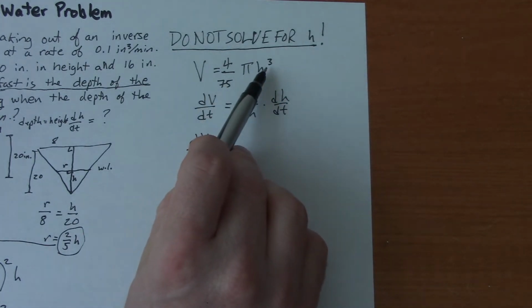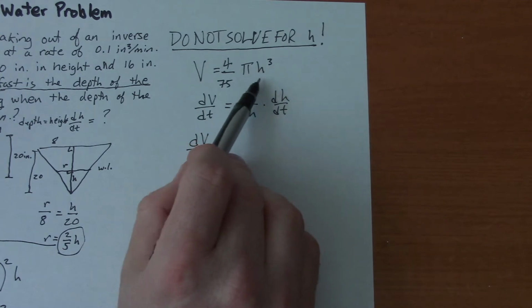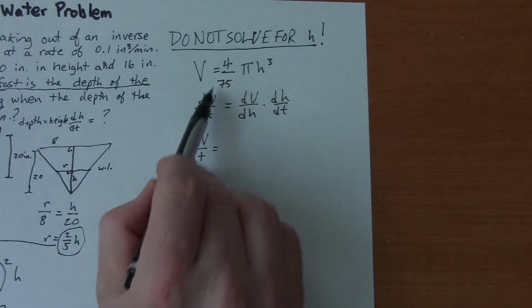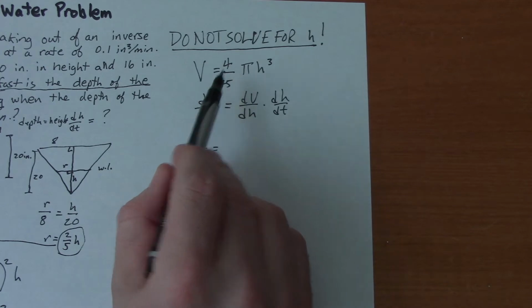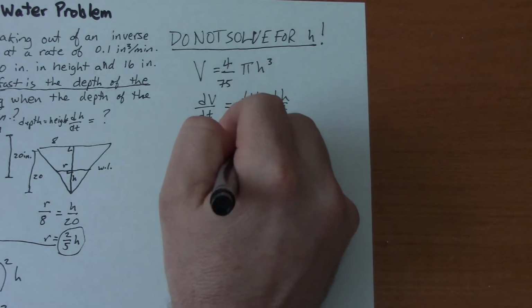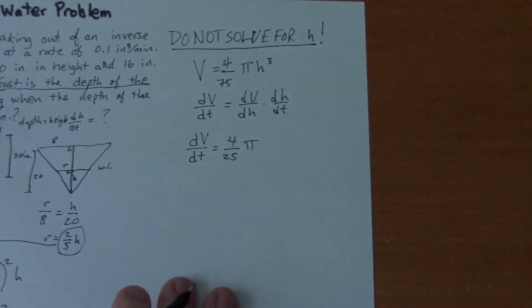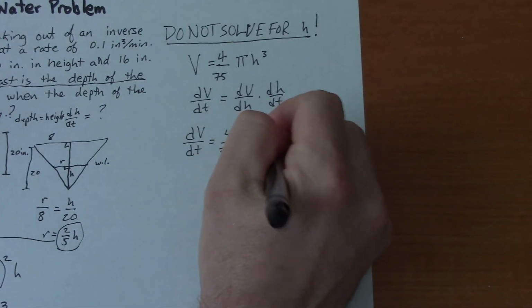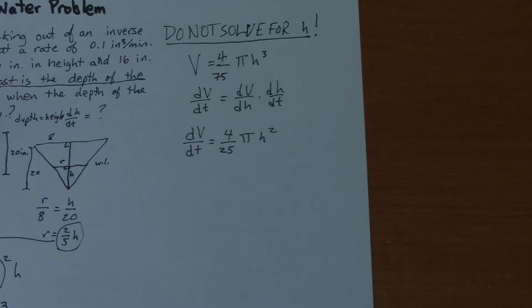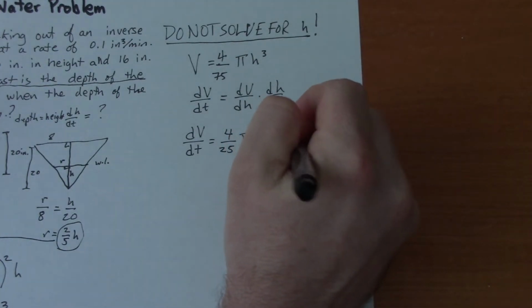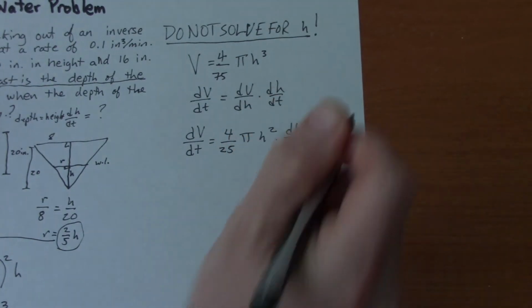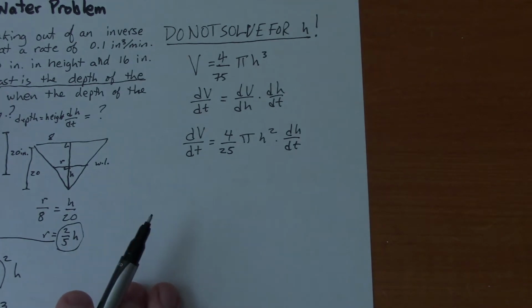So we're going to multiply by 3 because the derivative of h cubed is going to be 3h squared. And that 3 and the 75 would cancel, and we're just going to get 4/25. We're still going to have our pi and h squared. And we don't know what we're trying to find here, dH/dt. And now we're ready to plug stuff in.